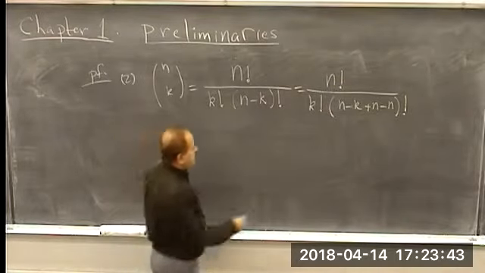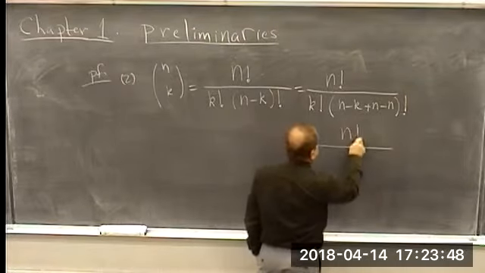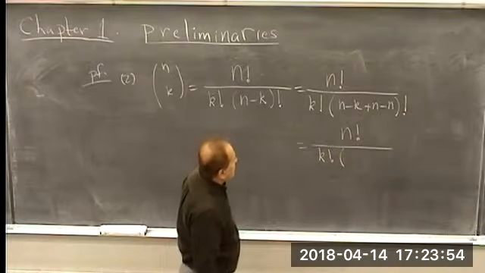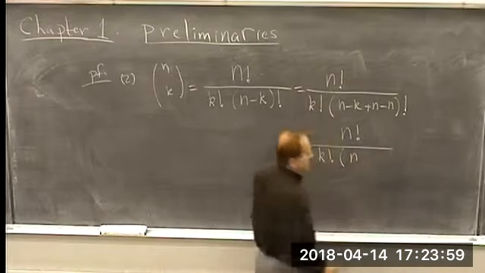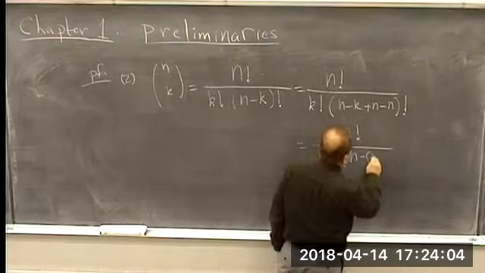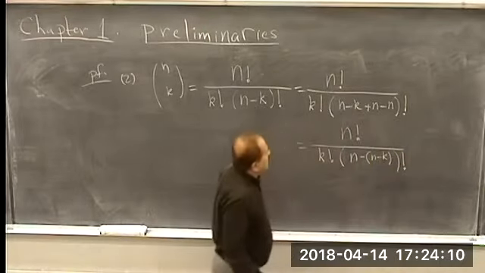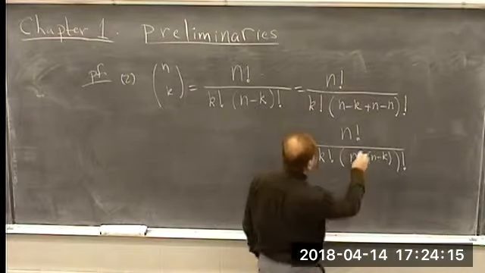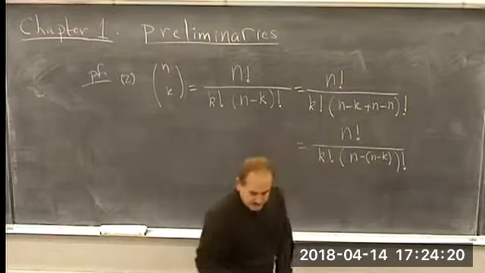Then I want to rearrange this and write it as n factorial over k factorial, and then I want to take this as n minus k. So when I distribute this, let me see here.